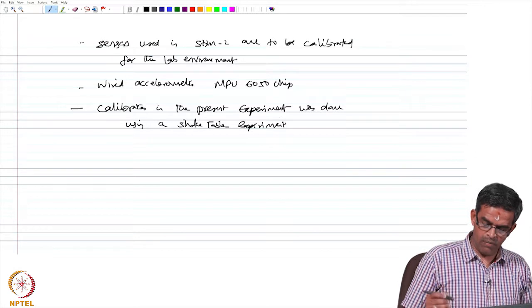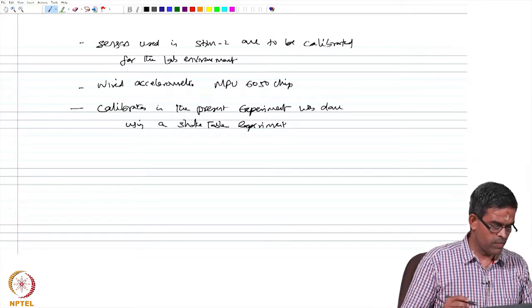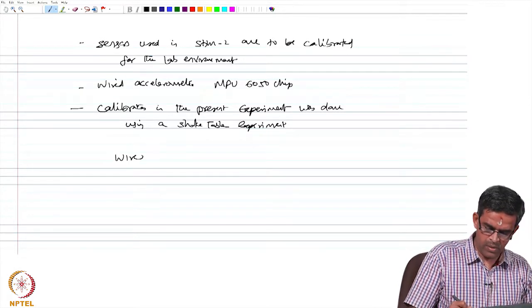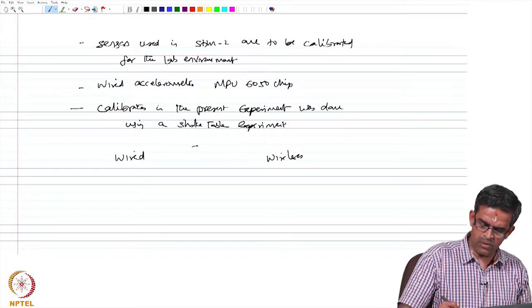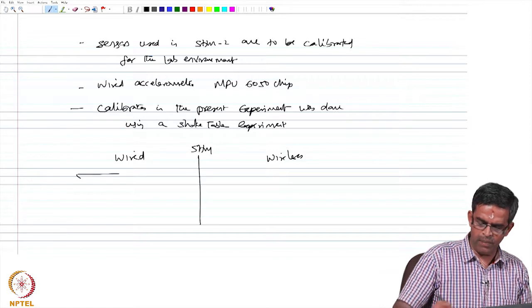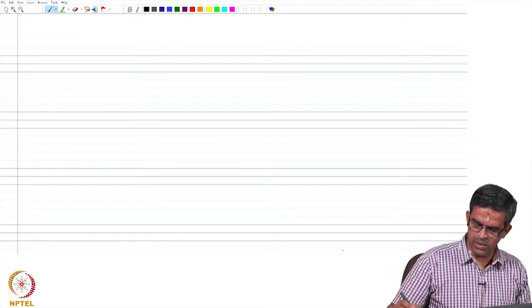So, now we have two systems, which is wired and wireless, both are for structural health monitoring. Let us compare them and see how was the result.